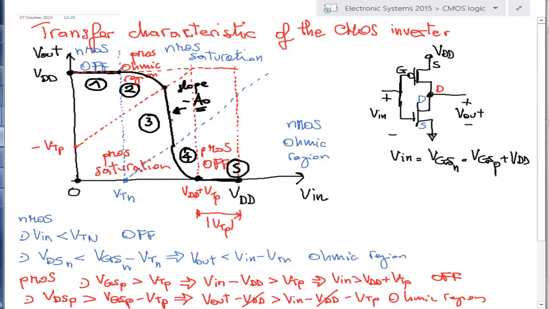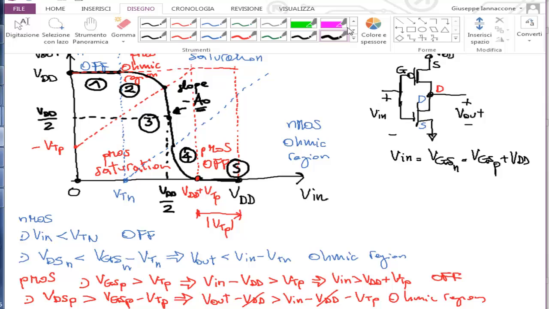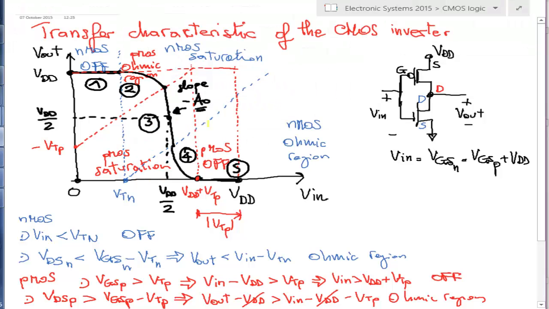So this point in the middle of part 3 goes from VDD half on the x-axis to VDD half on the y-axis. This is something that happens only if the inverter is balanced, and this is something that we want.